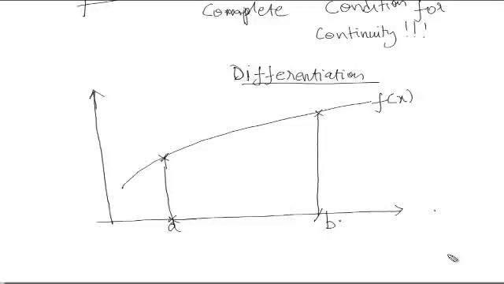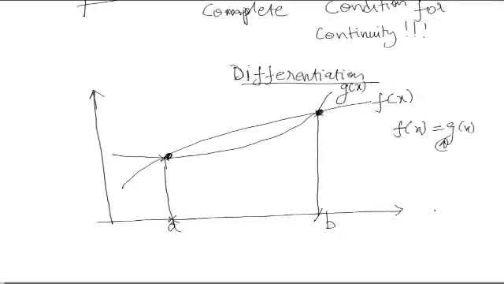Now there exists some other function like this, g of x, which happens to take the same values at a and b, that is, f of x equals g of x at x equal to a and x equal to b.